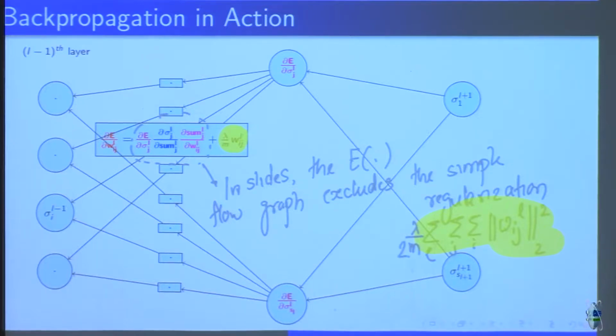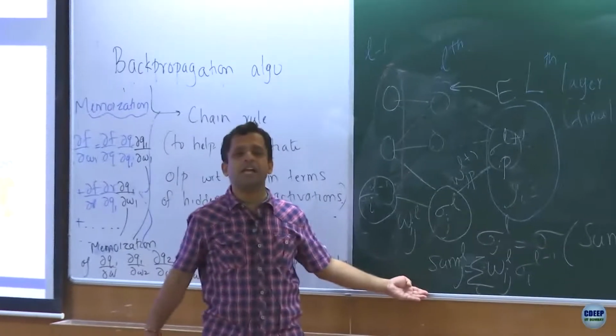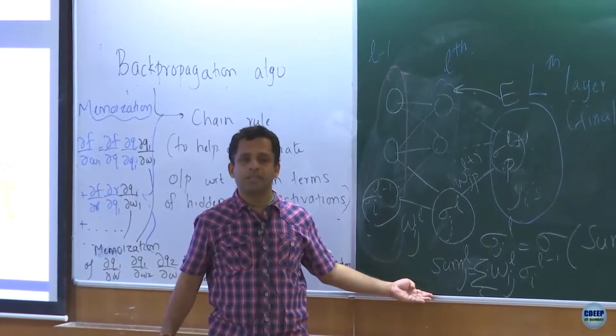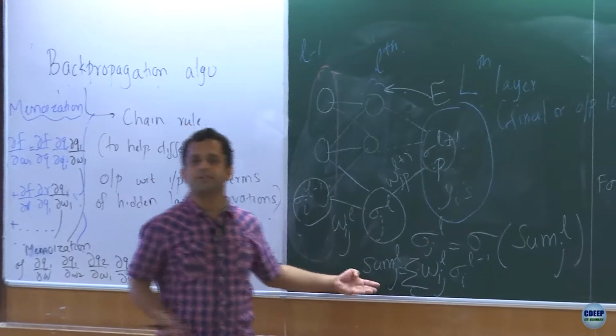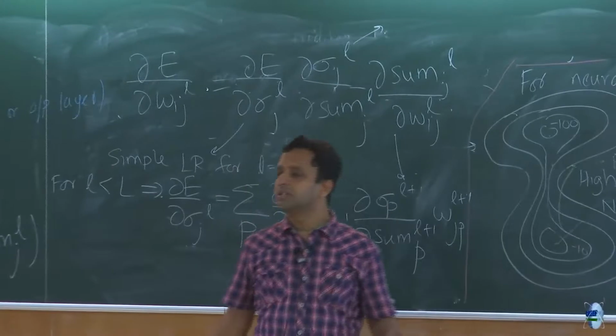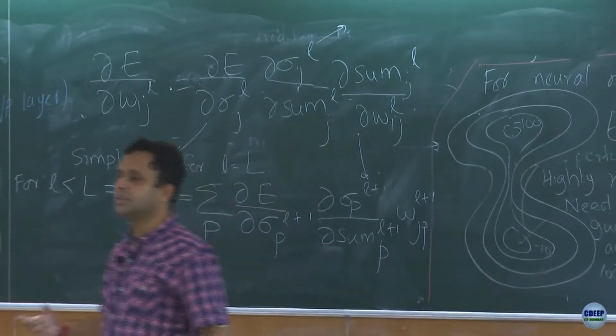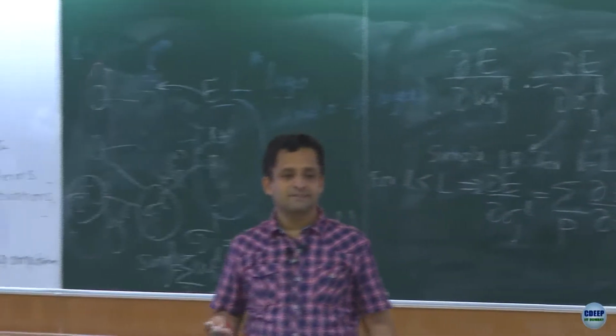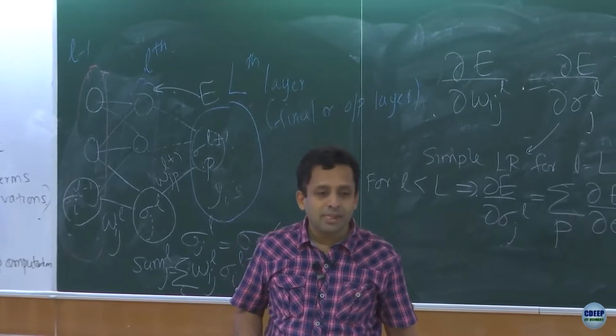Okay. Now tell me the form of the others. So this is fine. What about the form of the first component? Sigma JL divided by sum. This will be exactly the sigmoid form. Sigma is sigmoid. What is that derivative?